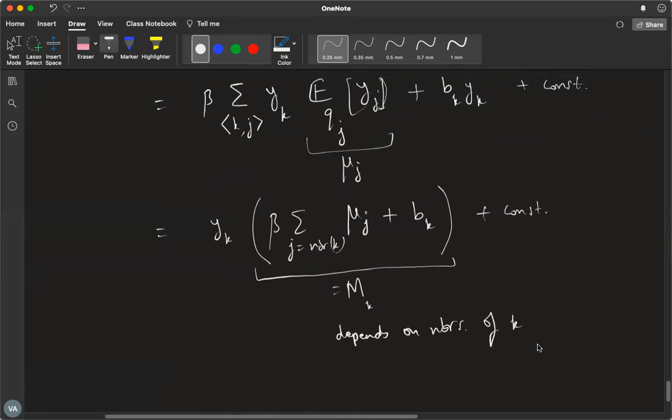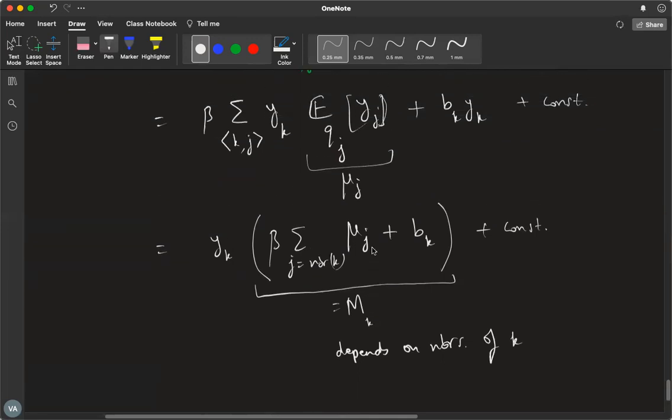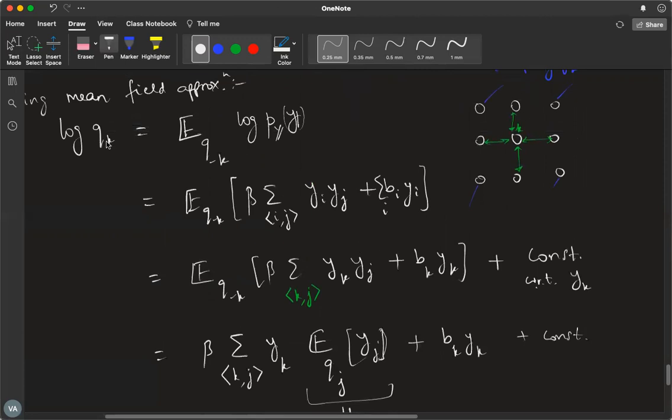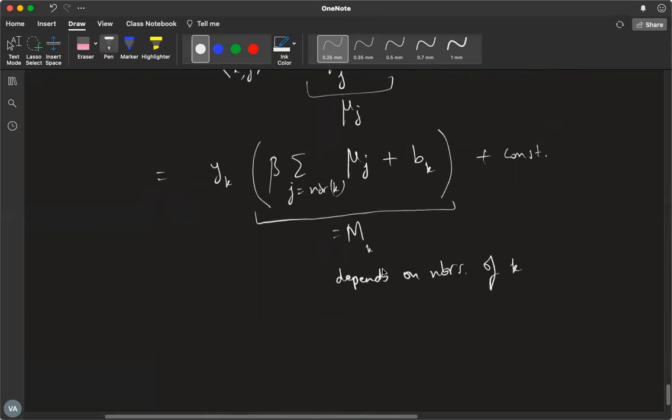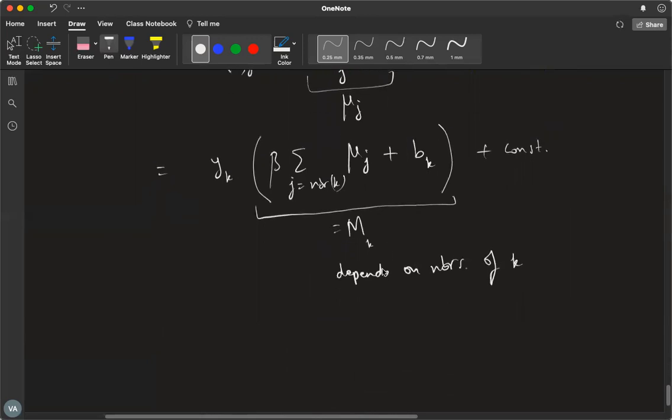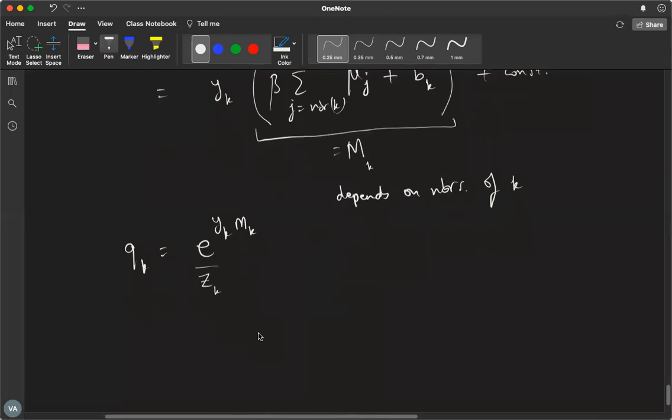So my q takes a very interesting form: my qk is basically simply the exponential of yk times mk, times some constant. My q is very simplified. My qk is simply exponential of yk mk, times some constant upon some z, you can call it zk or something, some constant z.